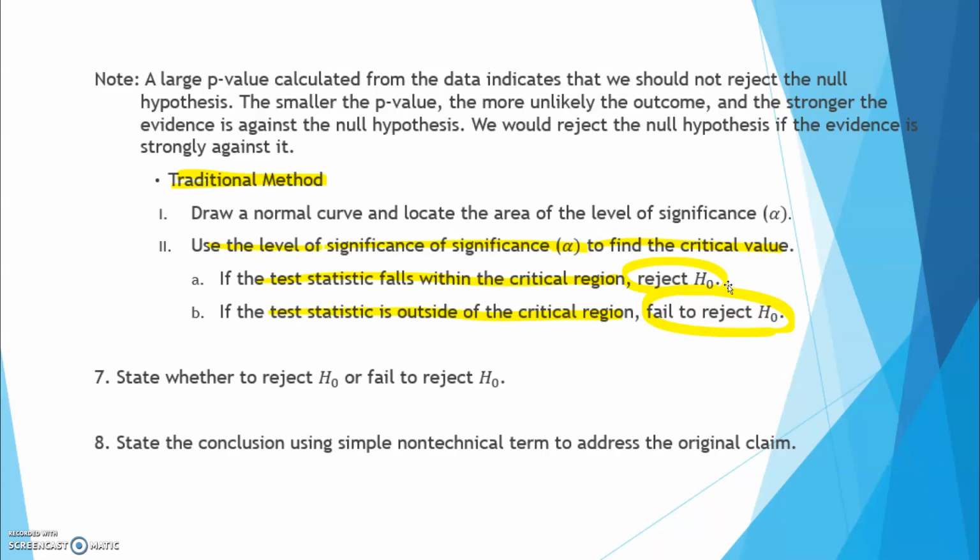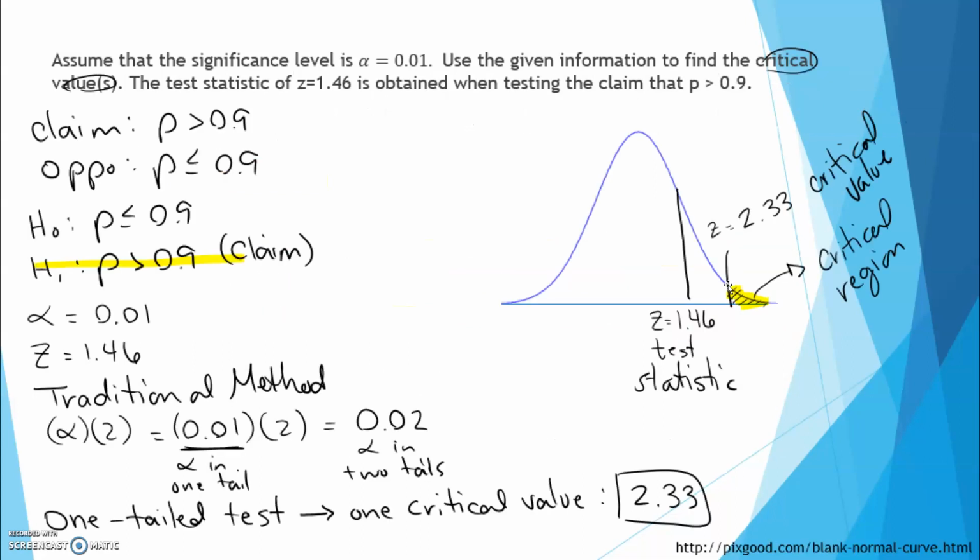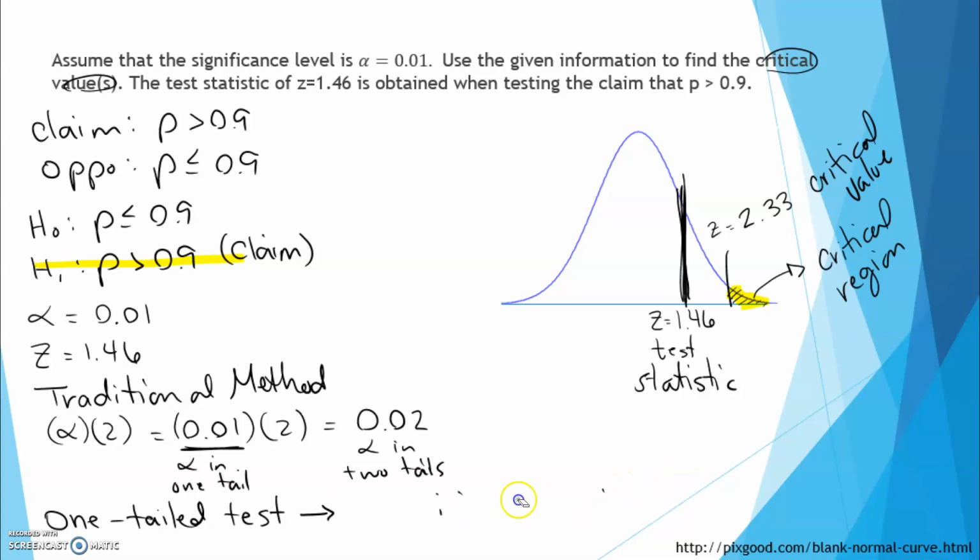Okay? Alright, so here is our test statistic, right here. And over here is our critical region. Because our test statistic is outside our critical region here, we will fail to reject h sub 0. So let me get rid of this.